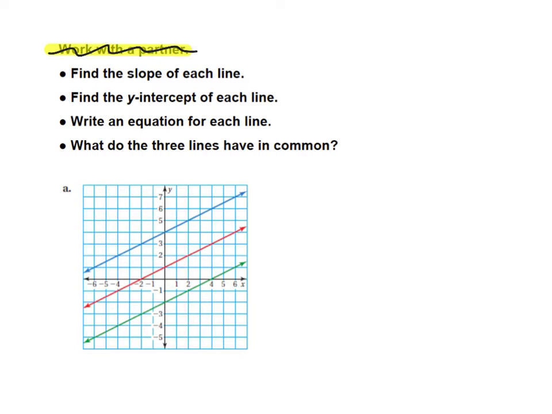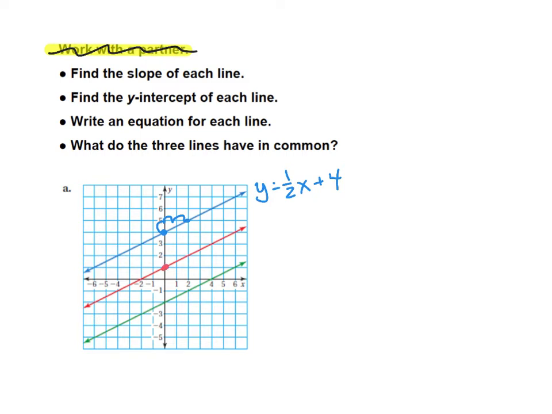So let's start with the blue line. The slope, I'm going to use this point, which is also my y-intercept, and this point. So I've got a rise of 1, a run of 2, so y equals 1/2 x, and my y-intercept is a +4. Now let's do the red.